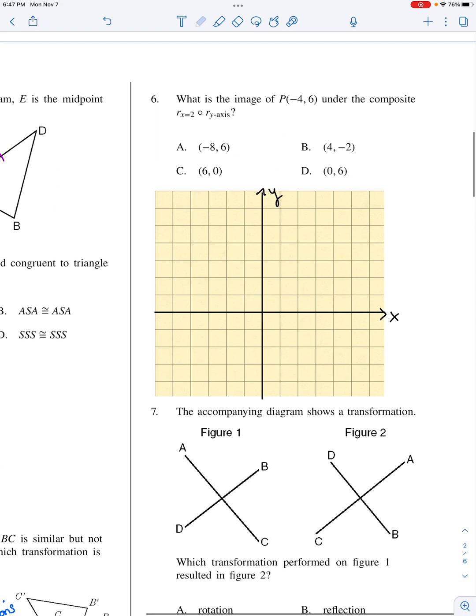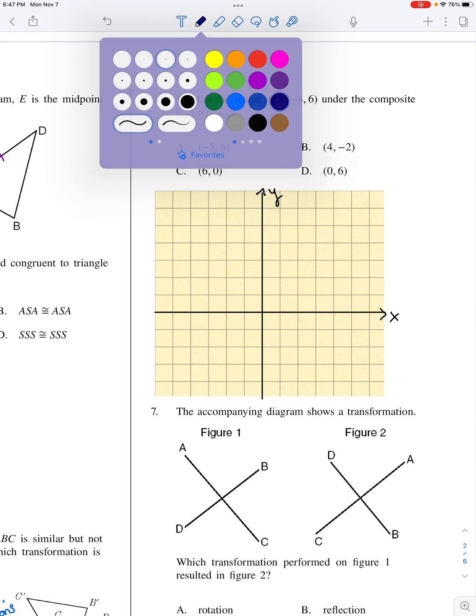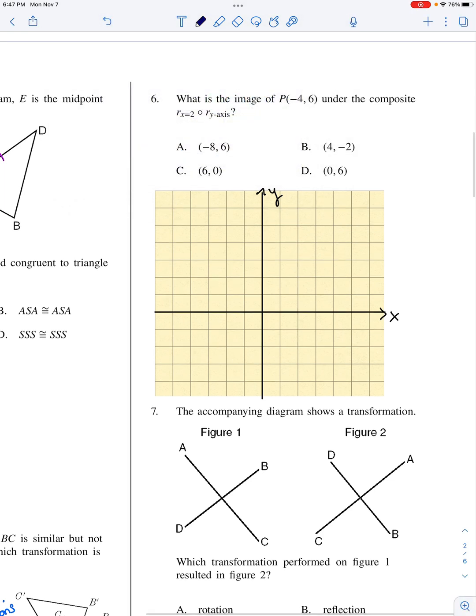Okay, for number 6, I did put a graph here because it's easier to do with a graph. Start with -4, 6, which would be here. Then it says to reflect it in the y-axis. Remember, these you always do the one on the right first. So reflection in the y-axis is going to bring it over to 4, 6, because when you do reflection in the y, you negate the x.